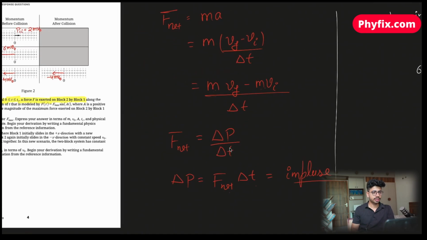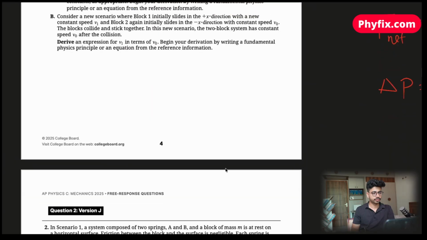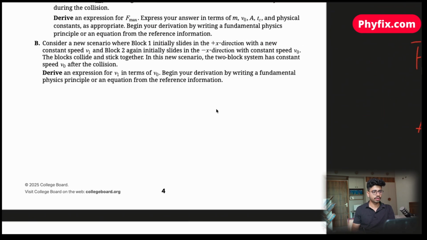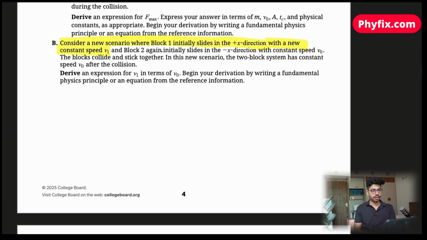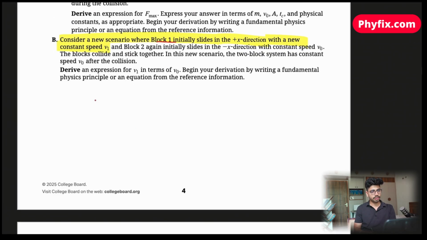Now the next part of the question is: consider the new scenario, where block A is initially sliding in the positive x direction, and a new block 1 is moving with the v1 velocity and has the same mass m.